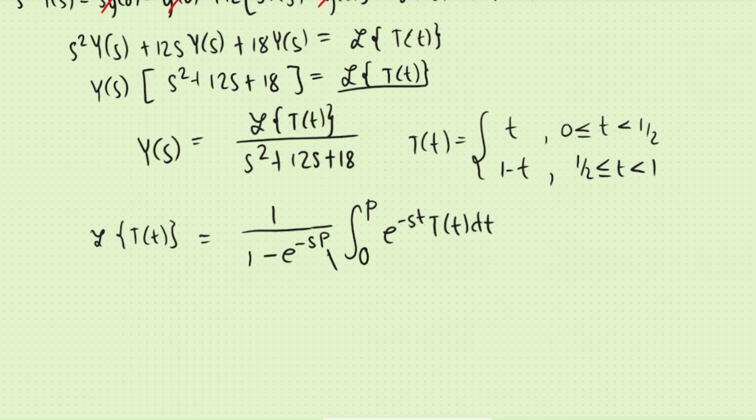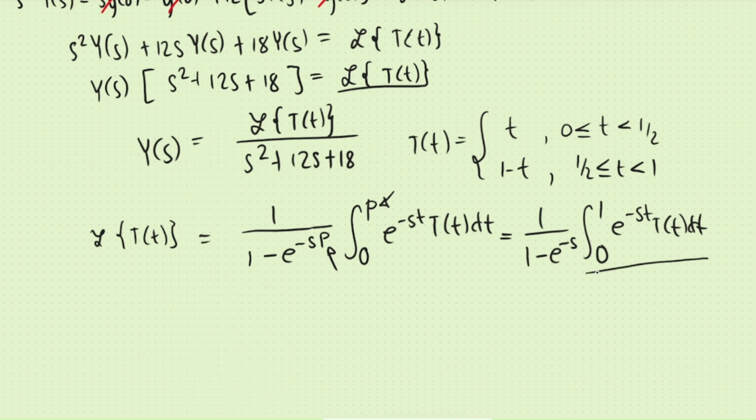So we plug in our P, which is 1, and we get our formula as this one: 1 over 1 minus e to the negative s, because our P is 1, integral from 0 to 1, e to the negative st, T of t dt.